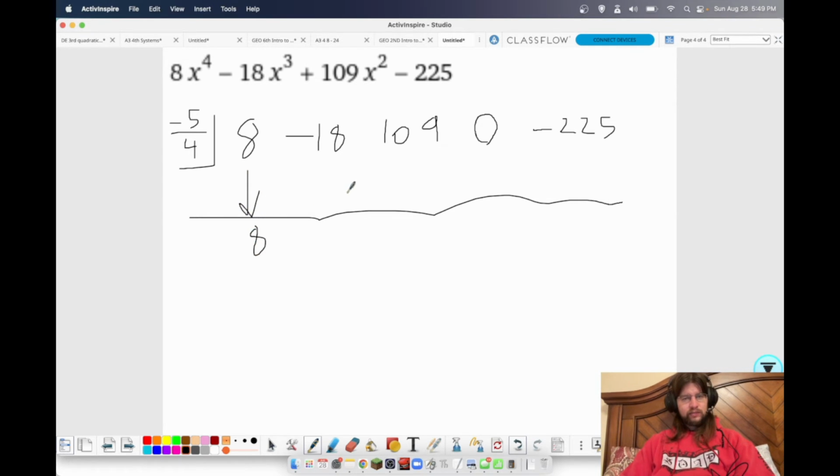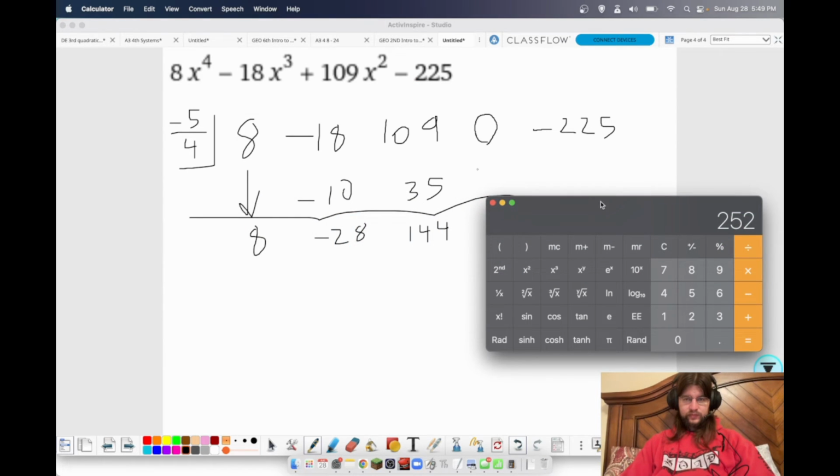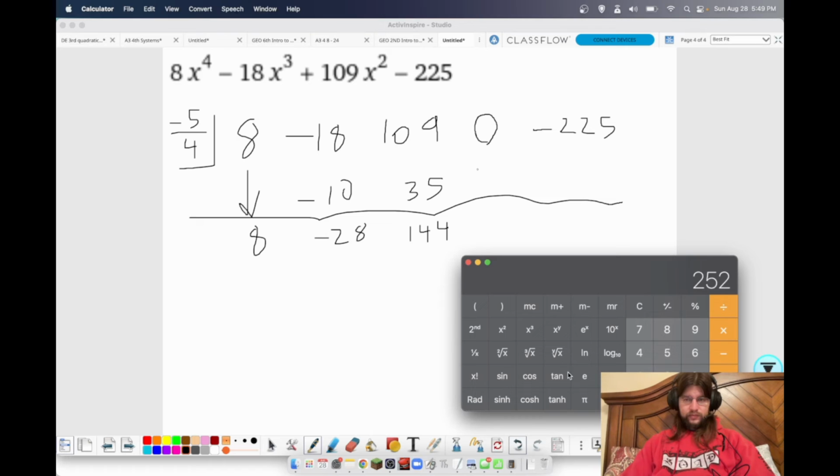Alright, so bring down that, multiply, combine, multiply, combine, multiply, 48 times, I don't know, where's my calculator? 144 divided by 4 times 5 gives me 180, and it needs to be negative.